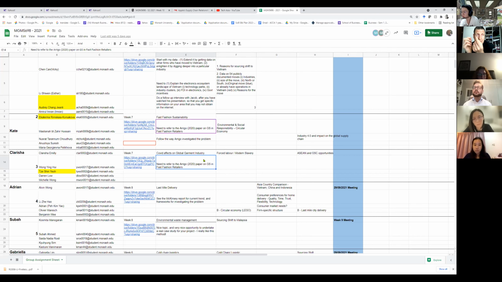All right. So you need to distinguish. Modern slavery is kind of a very extreme definition. So what more often happens is worker exploitation. So you just want to make clear that you focus on one or the other, but not both.